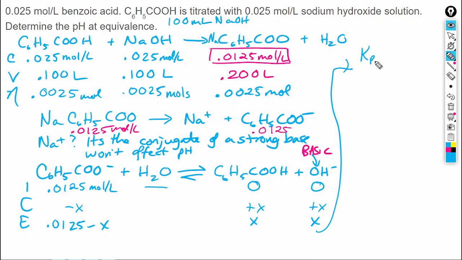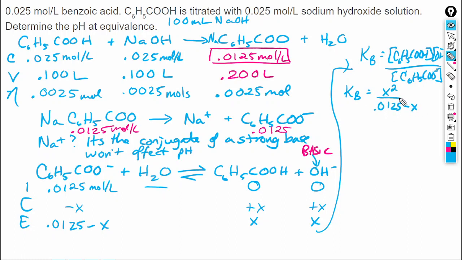So Kb equals the concentration of benzoic acid times the concentration of OH minus divided by the concentration of C6H5COO minus. So Kb equals x squared over 0.0125 minus x. Where do I get Kb?